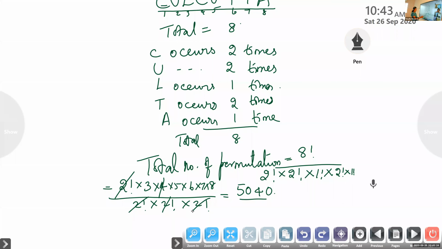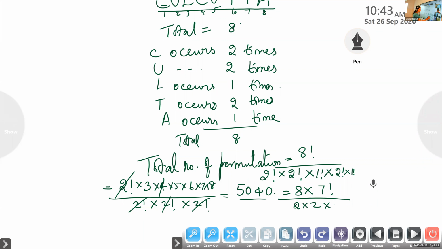It would be easy if we wrote 8 into 7 factorial. And 7 factorial, you know the answer. 5 factorial is 120. Correct, Achut, that's an easy way. What he says: this 8 factorial, we can write as 8 into 7 factorial by 2 factorial, which is 2 into 2 into 2.